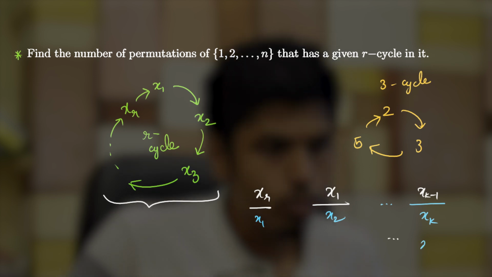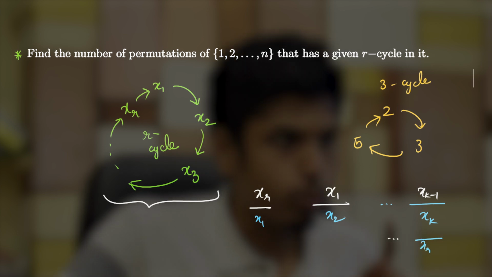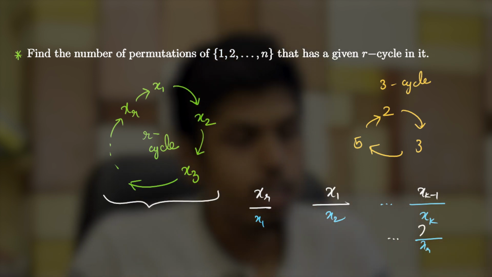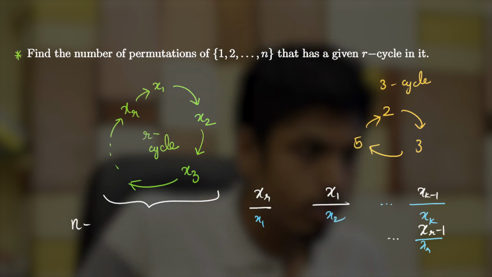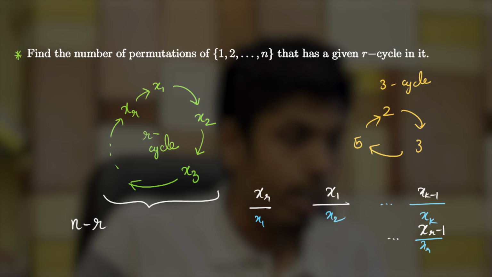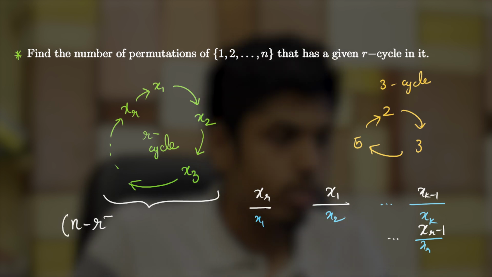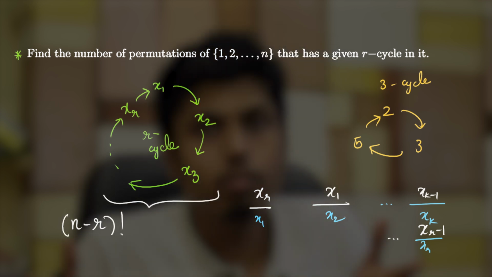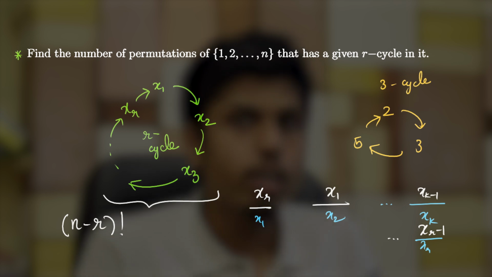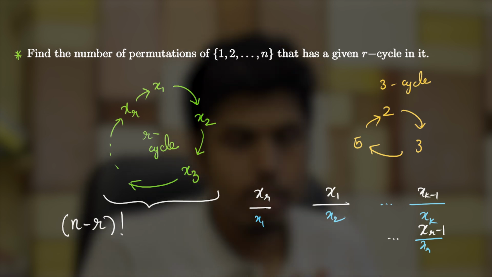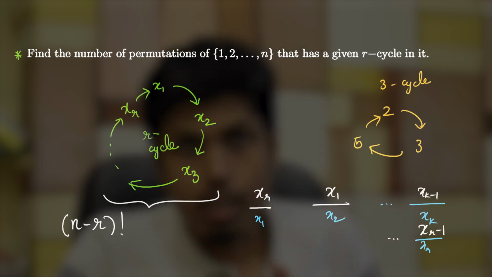There is no need to consider them as positions or as values. But we have the remaining n minus r numbers and n minus r blanks. So it is just (n minus r) factorial ways to arrange them in those blanks because the numbers are distinct and each number can occupy exactly one blank. So it is (n minus r) factorial permutations that have this given r-cycle in them.